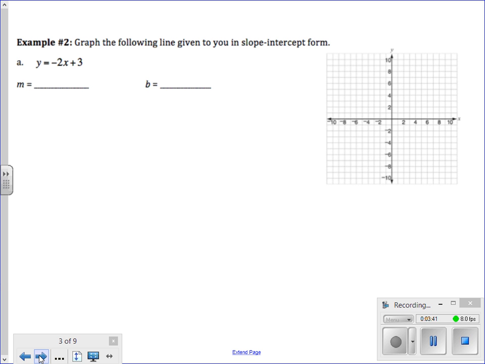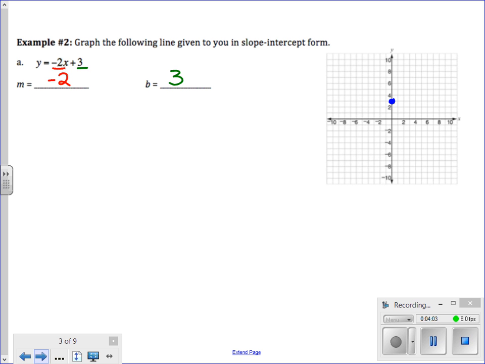It looks like my line is in the form y = mx + b, which allows me to identify the slope here of -2. The y-intercept is the number by itself, which is 3. So when I graph a line, I always start with that y-intercept of 3. I'm going to put a dot at positive 3.